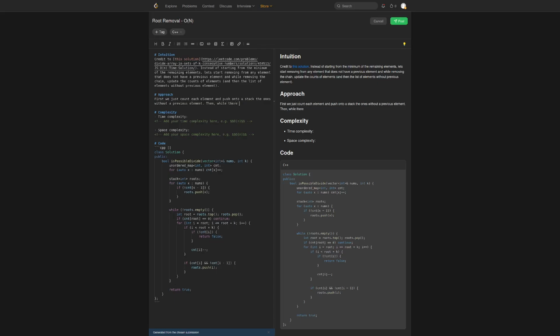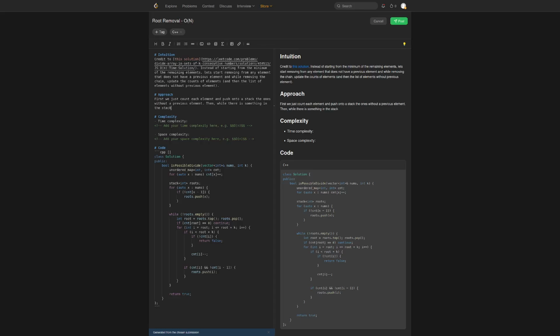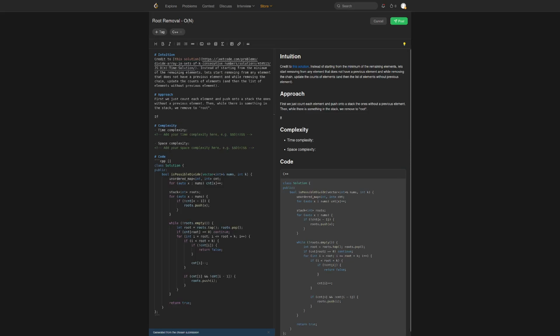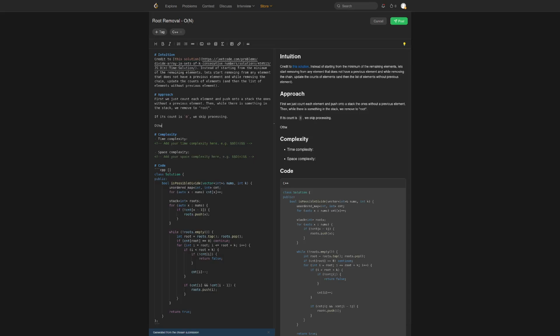While there is something in the stack, we remove the root; if its count is 0, we skip processing, otherwise we try.